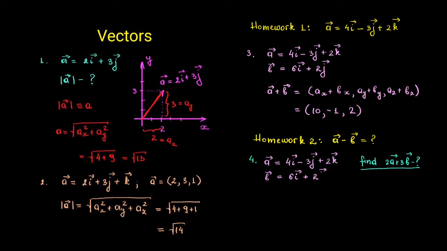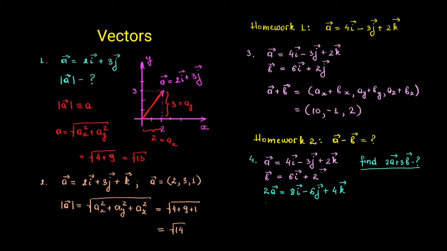To do so, first let's find 2a vector. So 2a vector is equal to, so we have to multiply each component of the vector a by 2, right? So it is 8i minus 6j plus, 2 multiplied 2, it is 4k.